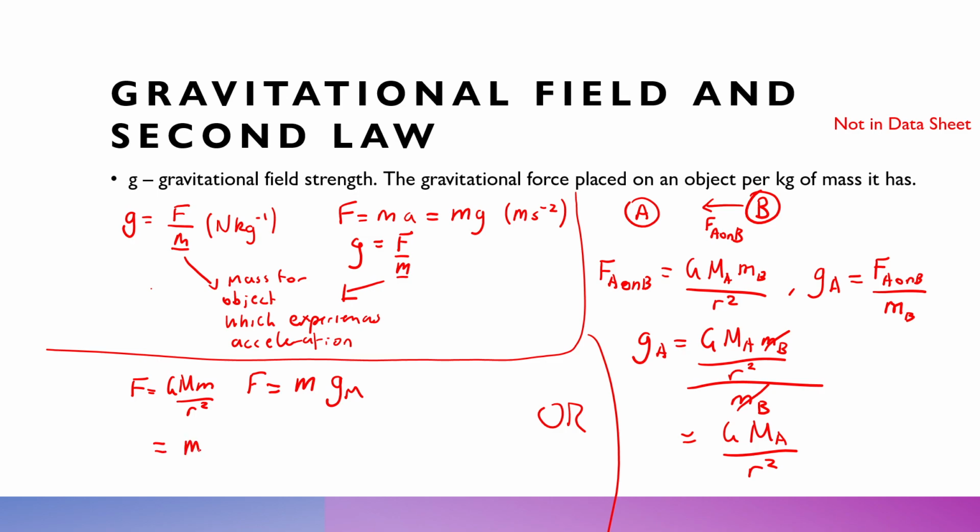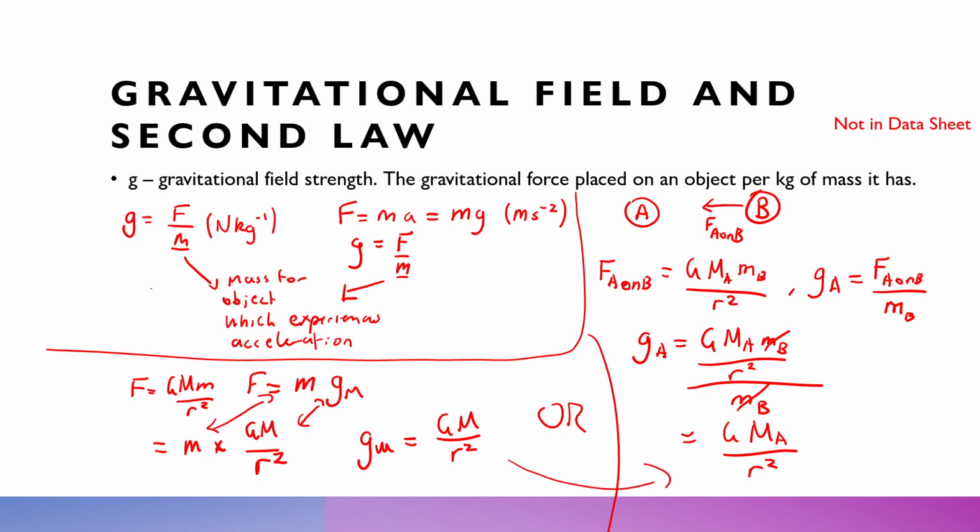If I separate my lowercase m and multiply it by the rest of the fraction, we now have two terms, one of which is common. We have two m values that are the same as each other, and we now have a value which is akin to our g value. So what we can conclude is that g is equal to capital G, capital M on R squared, just like we showed in the previous example here.